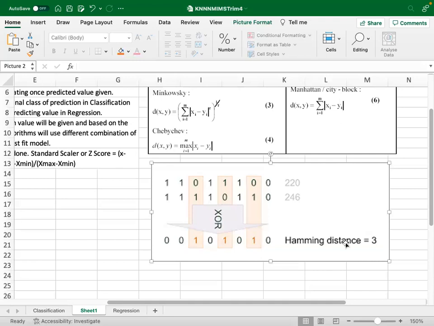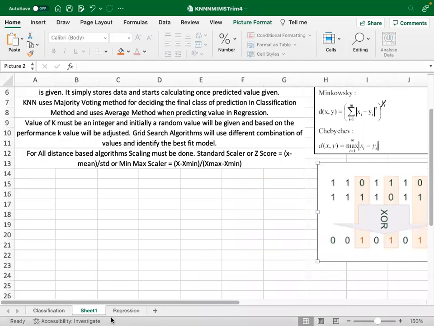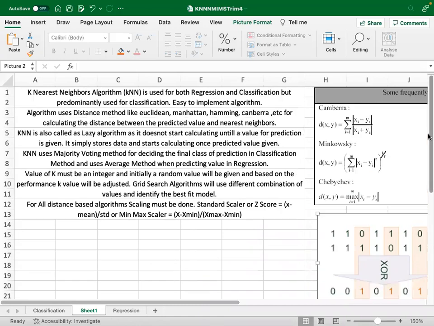Using that, it will calculate Hamming distance. Hamming distance is predominantly used only in natural language processing. When I'm discussing NLP, I will discuss in detail what it will calculate. So these are the predominantly used distance measures in distance-based algorithms, be it k-means, be it KNN, whatever. These are the common distance methods.